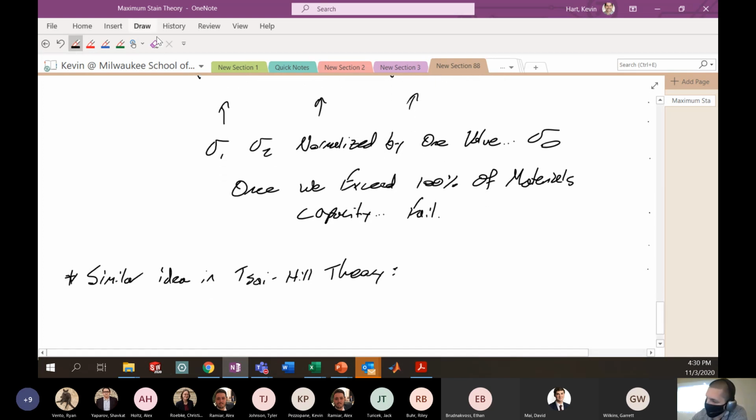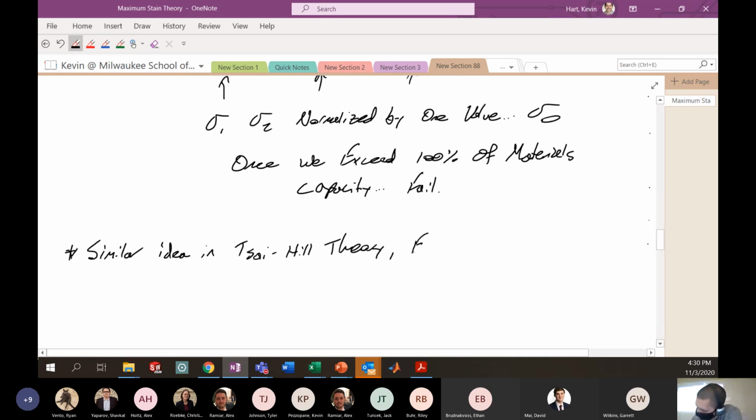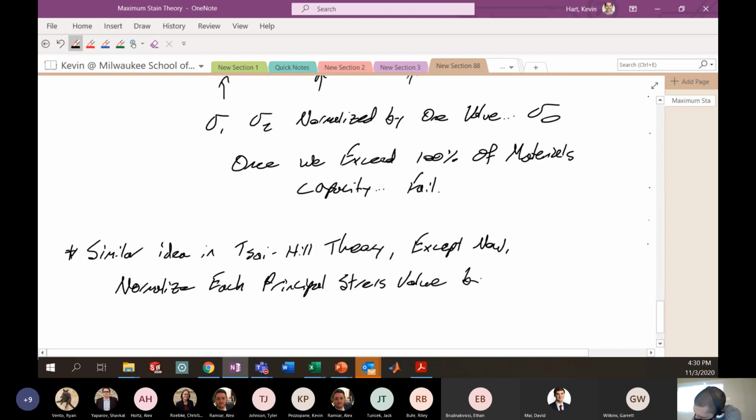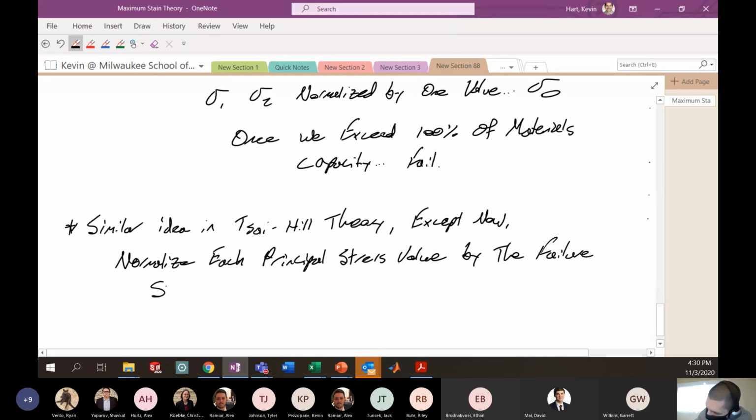Except now, normalize each principal stress value by the failure stress in that direction.